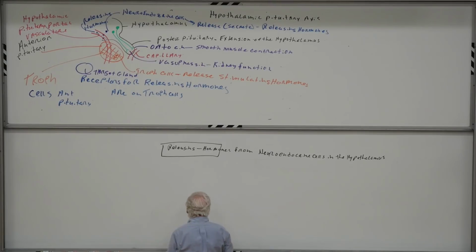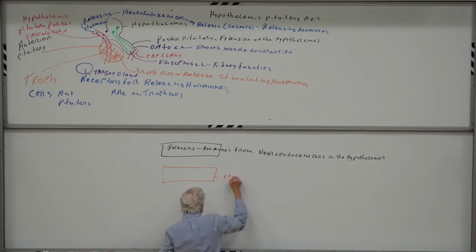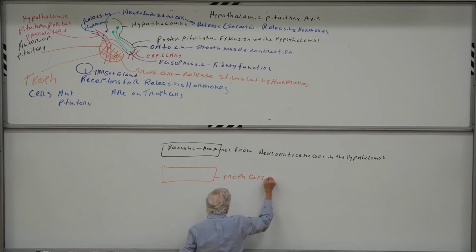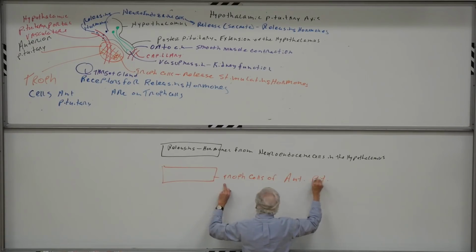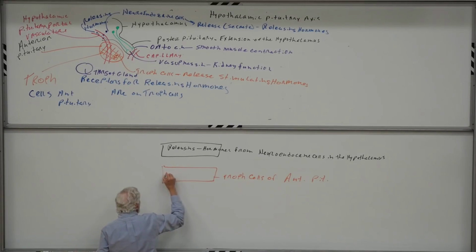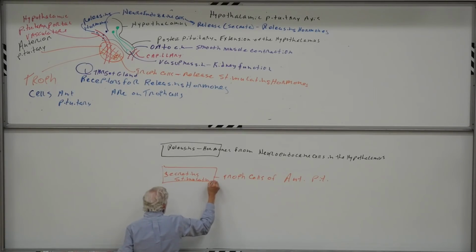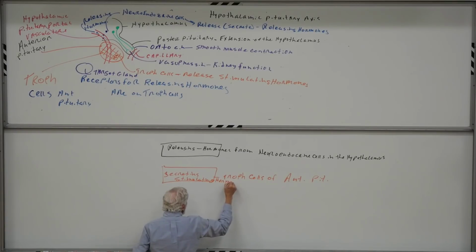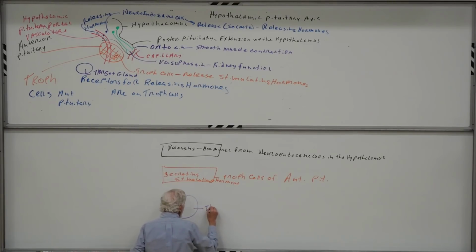Then in orange, in the orange box here, what we have are troph cells. These are the troph cells of the anterior pituitary. And these are releasing or secreting stimulating hormones whose target is the target gland.